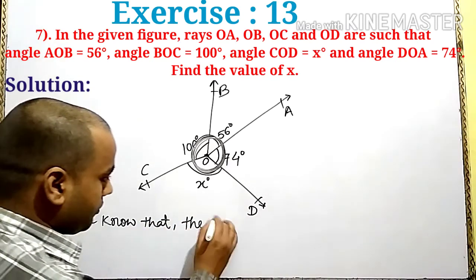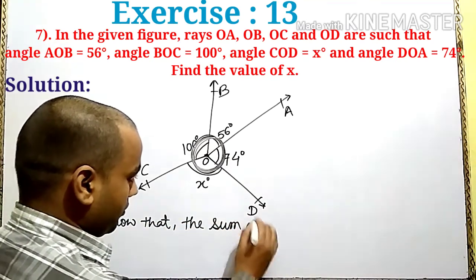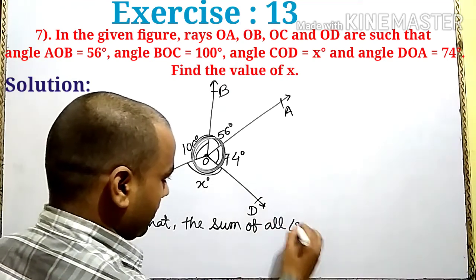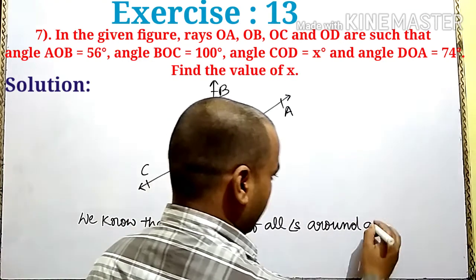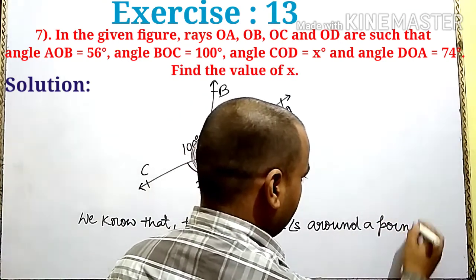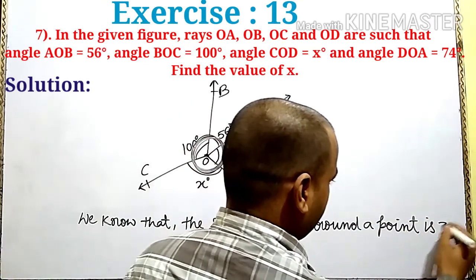Here we know that the sum of all angles around a point is 360 degree.